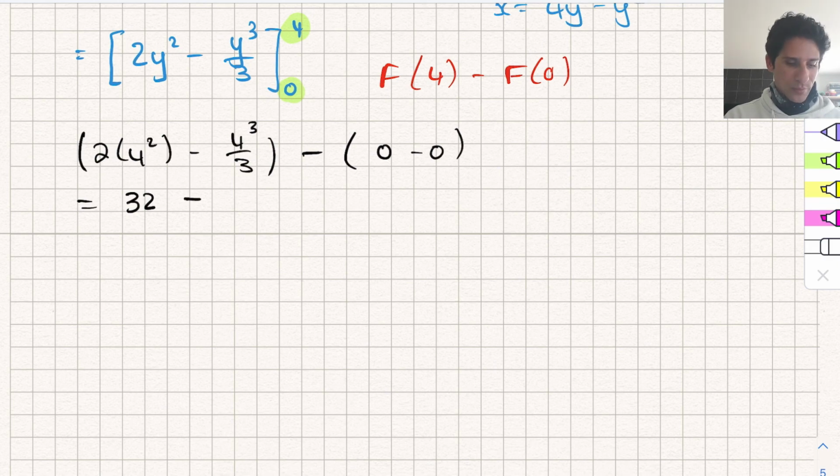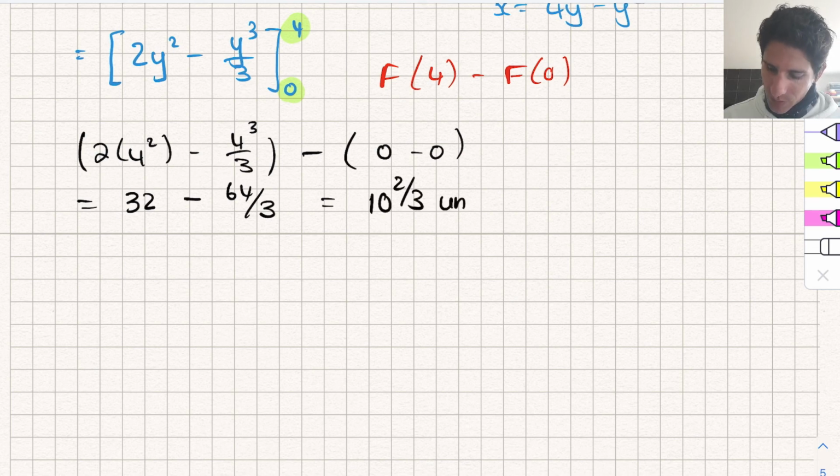Take away 4 cubed, so take away 64 on 3, and that's going to give me 10 2/3. And this is units squared.